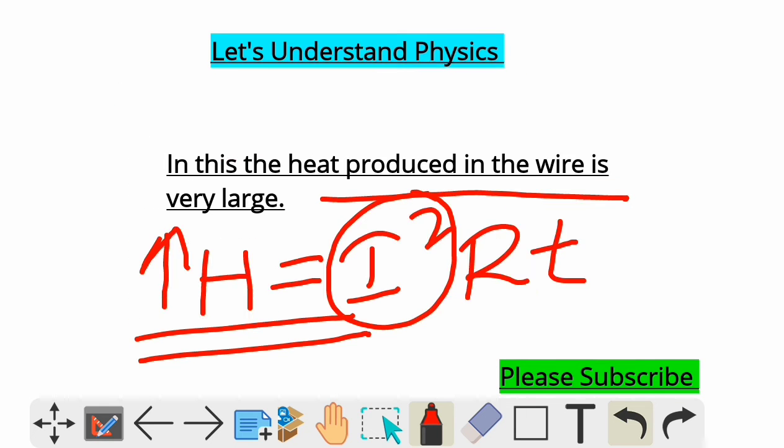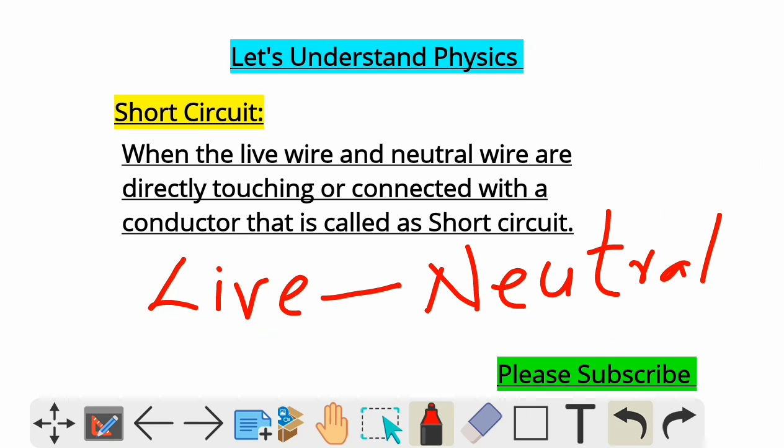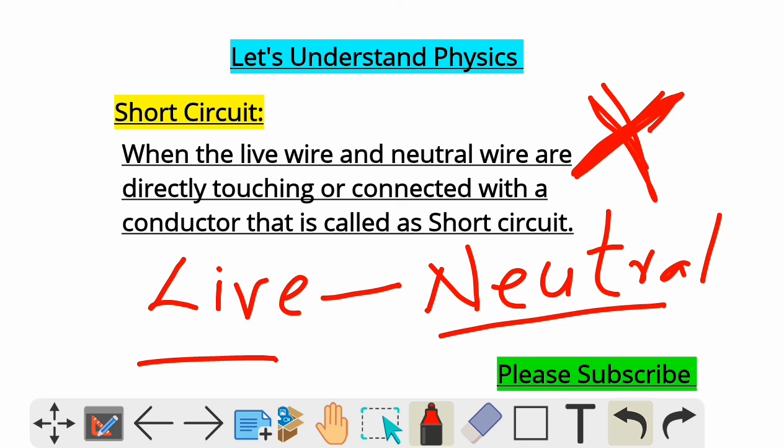Now accidentally, in the overloading condition itself, we have seen there will be damage on the wire. That plastic coating will be removed, isn't it? Now if the plastic coating is removed accidentally, and the live and neutral wire come in contact directly, this is one wire and the other one.